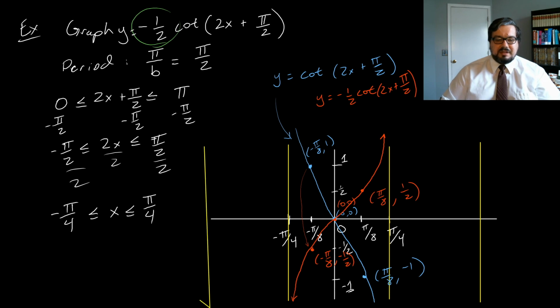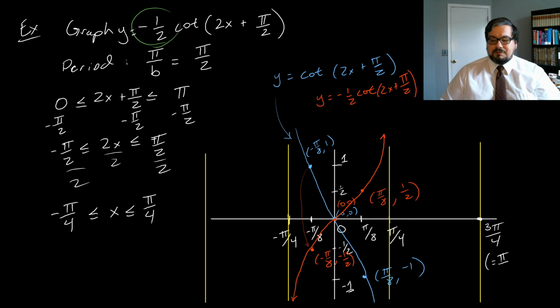I want to start with the asymptotes. And remember, we can find the locations of these by shifting over by the period. The period of this graph is pi over 2. And so to find the x-coordinate of the rightmost asymptote I've drawn, I can take pi over 4 for the previous asymptote and add pi over 2 to it. Pi over 4 plus pi over 2 is 3 pi over 4.